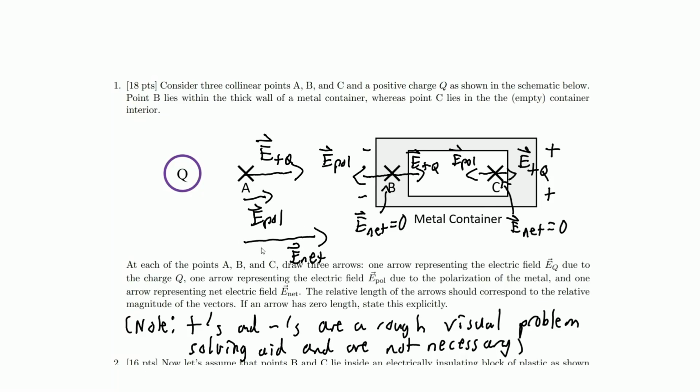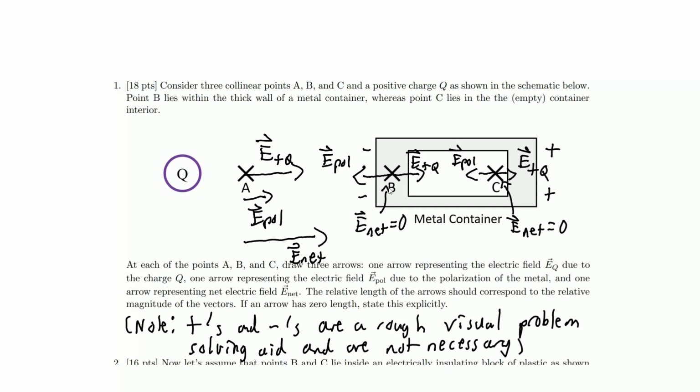So it's not 0 here because these fields don't cancel out and they're both going to the right, and you can see that since they are summed, E net is greater than both of the individual fields.